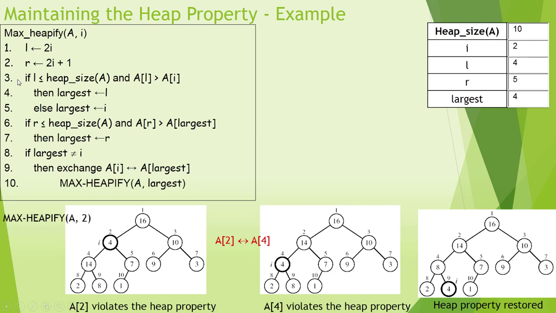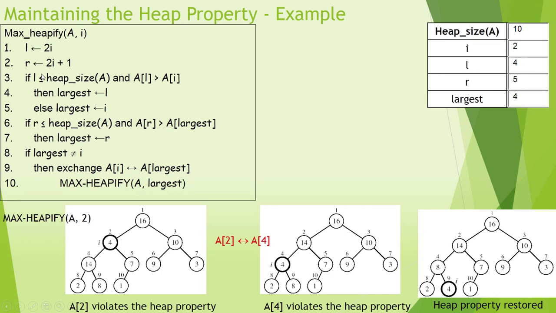So here we have steps 3 to 7. So 3 to 7 is actually to compare these three elements and find the position of the largest element. Here among these three elements, the largest element is 14 and its position is 4.